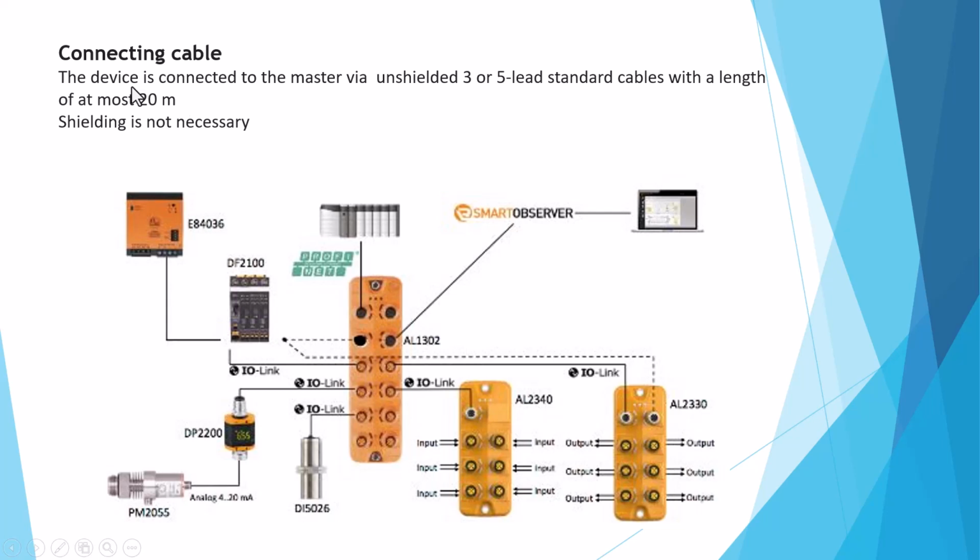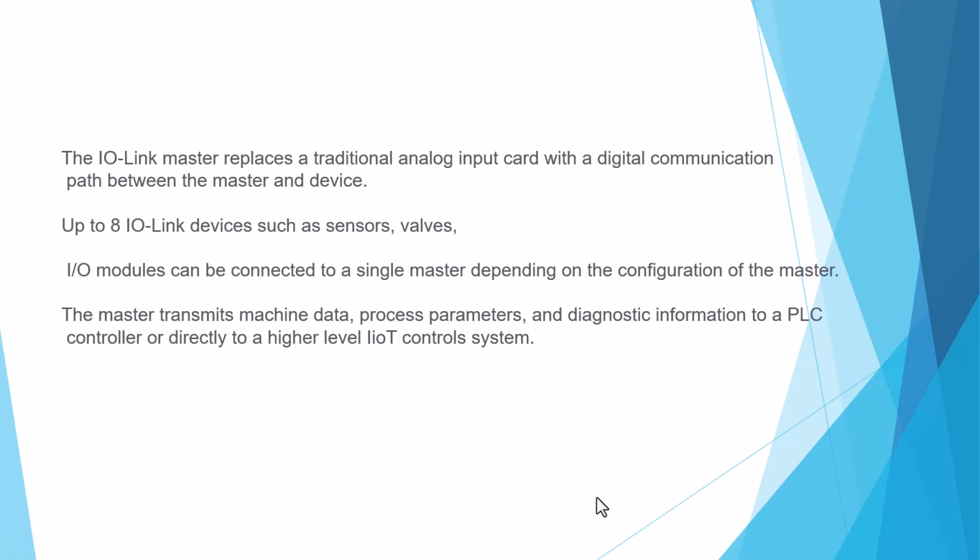So a device is connected to the master through an unshielded 3- or 5-wire standard cable with a length of at most 20 meters. Shielding is not necessary. This link has a maximum of 20 meters. The IO-Link master replaces a traditional analog input with digital communication between the master and the device.